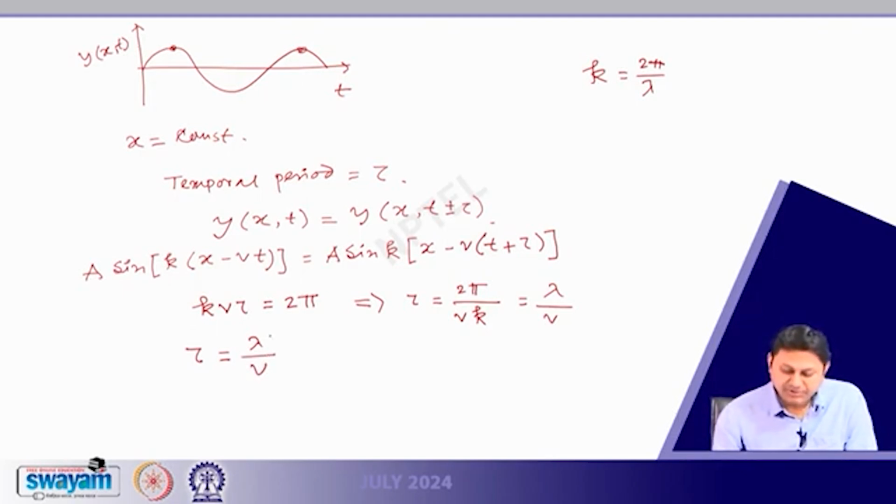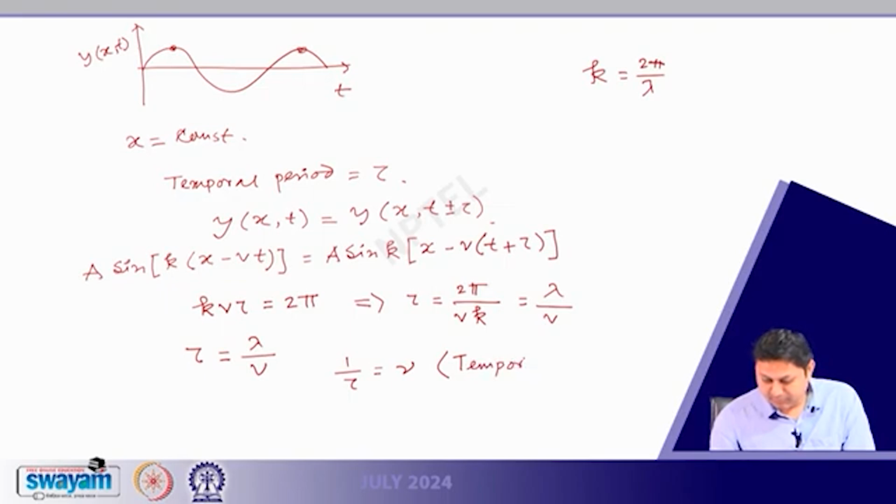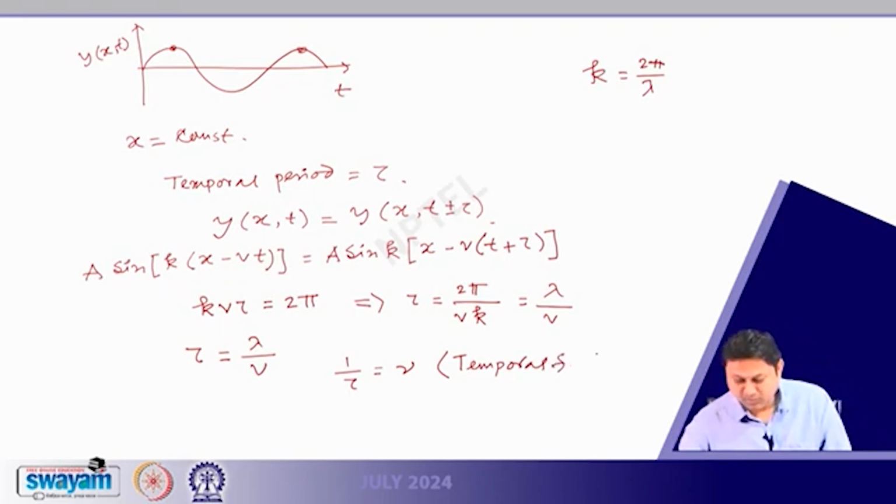If the spatial period is known, then from the spatial period we can have the temporal period through the velocity of this wave. Now 1 by tau is equal to nu, and that quantity is called temporal frequency. Temporal frequency is a quantity which is also important.